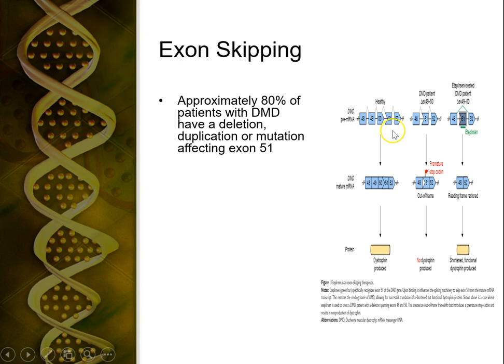So, this is normal dystrophin. We have our pre-mRNA and then we splice out our introns and we have our coding region that makes our dystrophin.